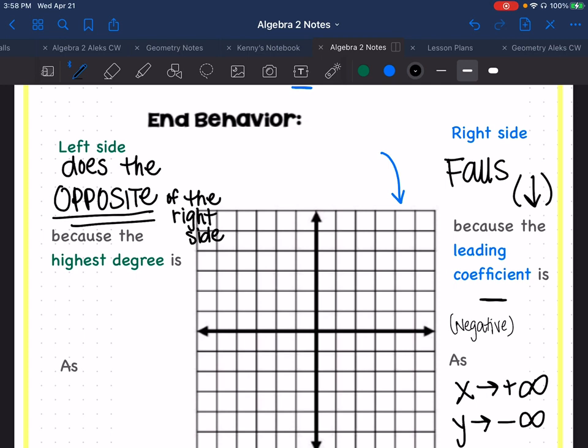And this is because my highest degree is odd. All right, so my right side is falling, my left side is then going to rise. And in between, it looks something like that. I don't know how many waves there are.